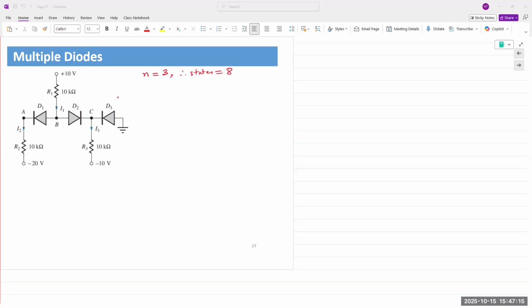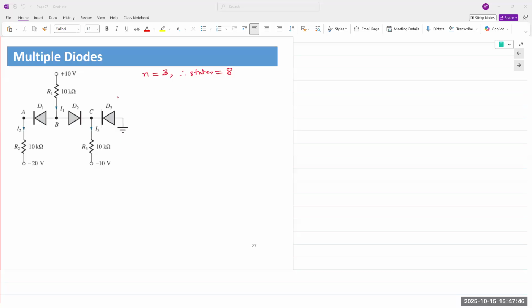It does not mean that the other two diode states are confirmed. Again, I'm repeating. If we assume that D1 is on, D2 is on, and D3 is off, and at the end, it turns out that only D2 was incorrect, but D1 and D3 were fine, we have to throw out the whole assumption. And we have to pick a different combination.